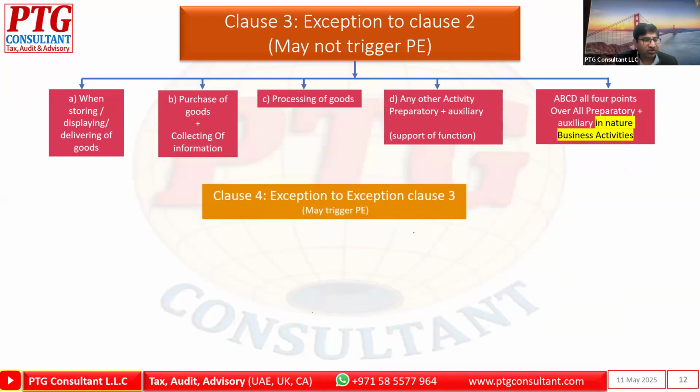Last 4, exception to exception 3. Now here we are saying may trigger P. Here we said may not trigger P. Again, if you read the first laws and you apply them, your treatment may be wrong, because there are certain exceptions also.